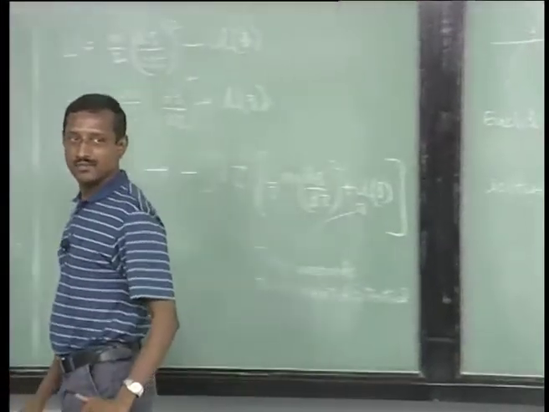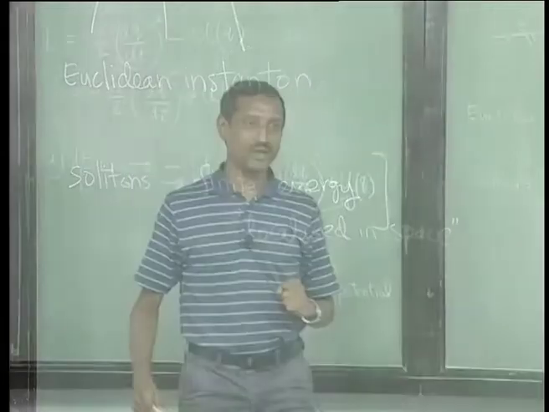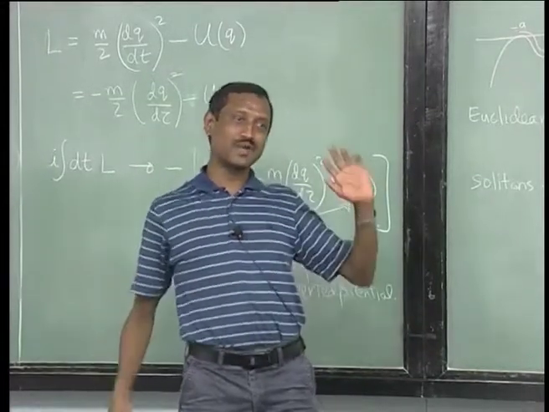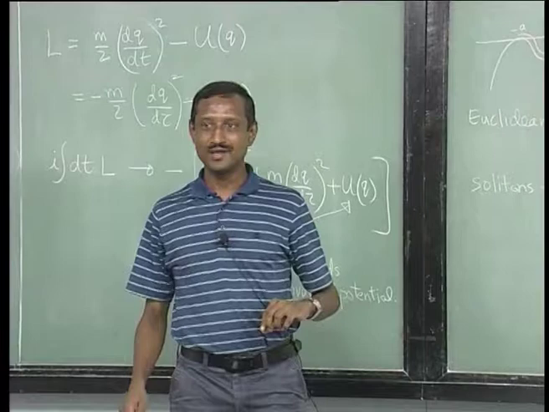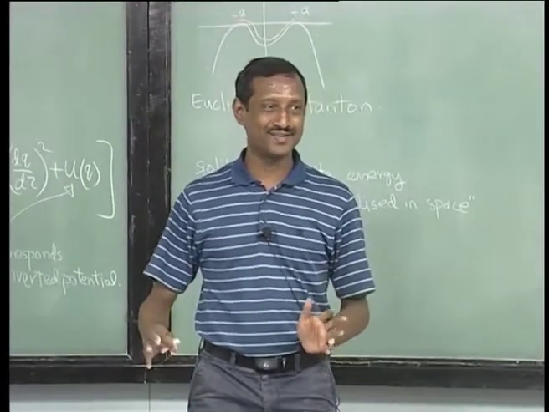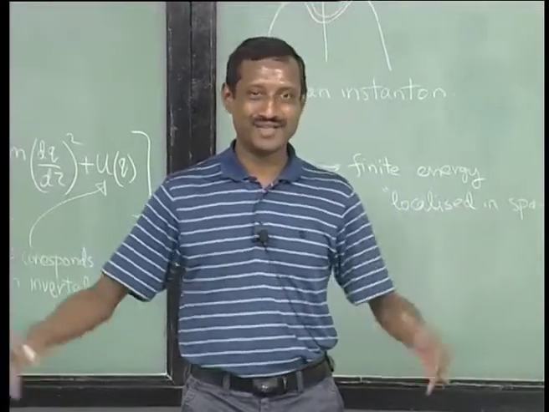But now if you take this and go back through that procedure which we did earlier, which is to do this kind of Wick rotation, then something which was localized in space will become localized in time also. So it's at an instant. It's not just localized in space but also in time.